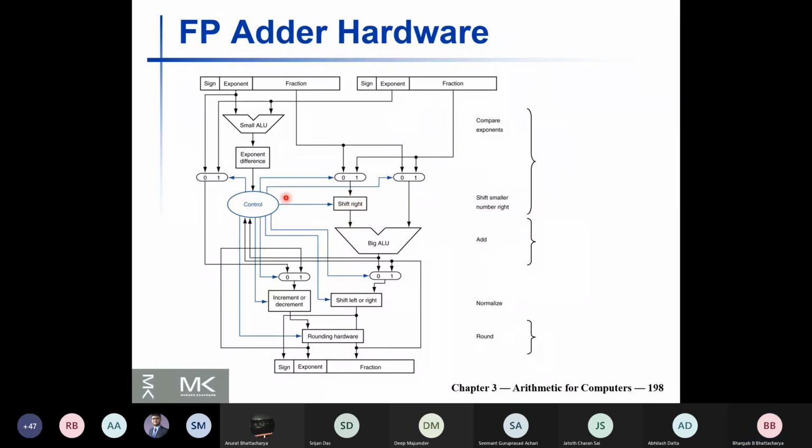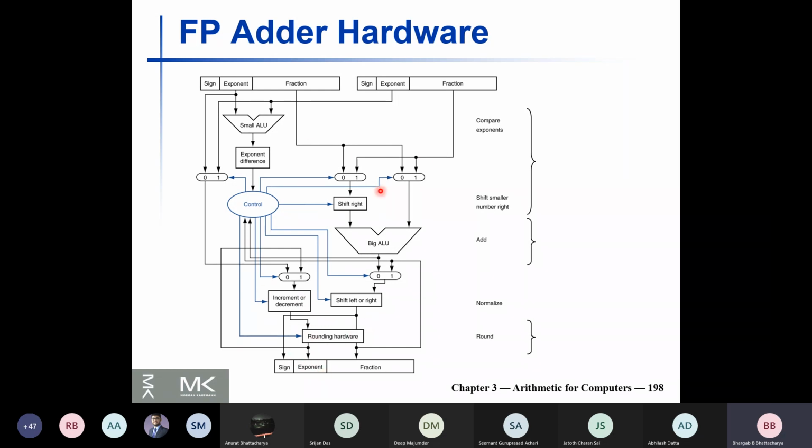Once the exponents are equalized, there is a big ALU here, which adds up the two significand terms. So there is a small ALU for the comparison of exponents, and this is the big ALU for adding the significands. And again, you need normalization, and shifting left or right is needed. There is an increment and decrement checker, the rounding hardware is here, and finally you get the result.